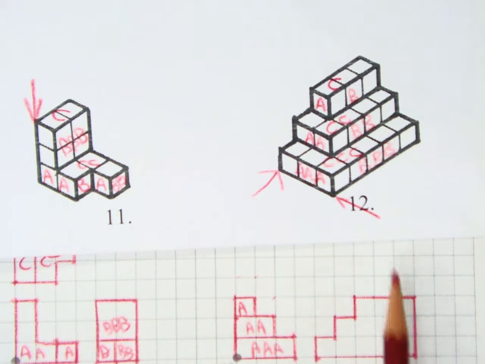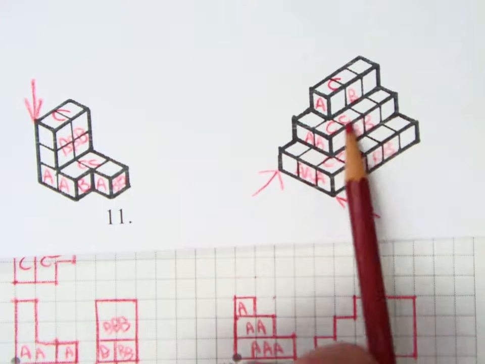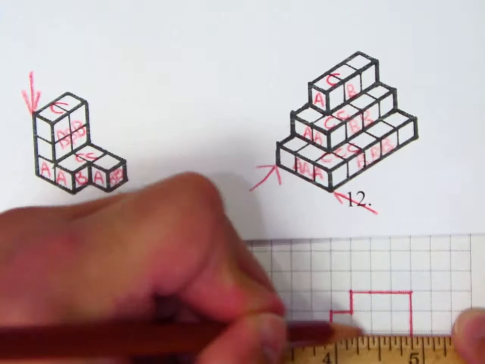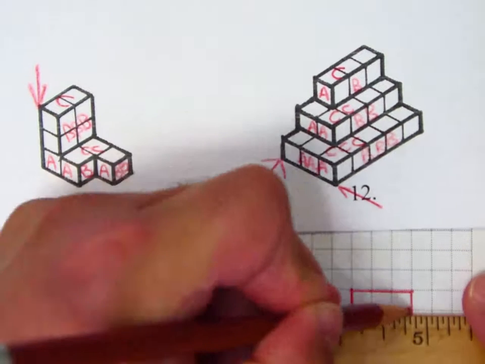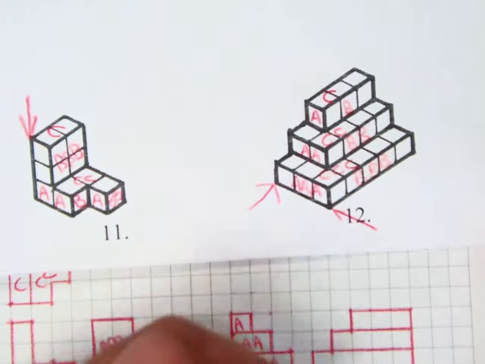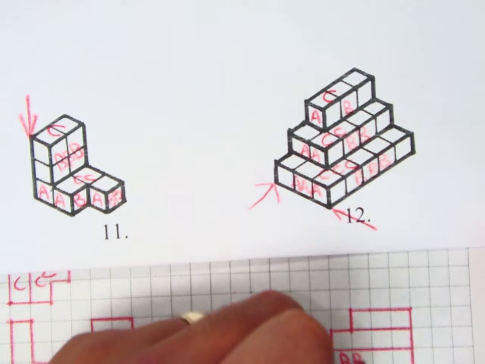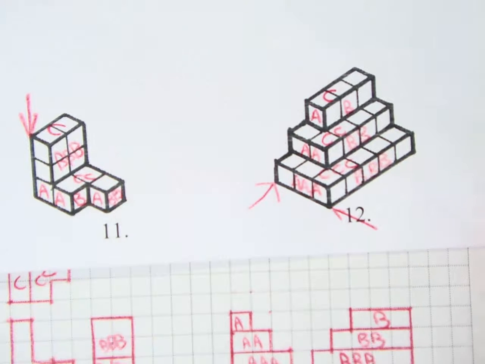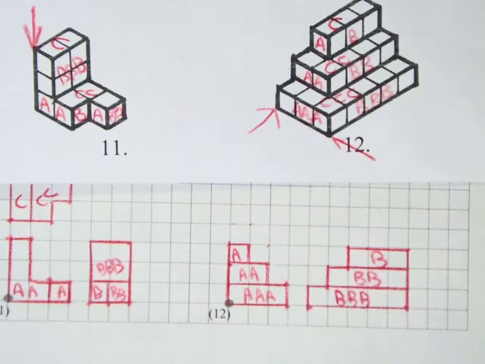But it's important I also put in those lines because those are different planes that we're looking at there. So I check my blocking, make sure everything's lined up correctly, and I can now rotate to my top view.